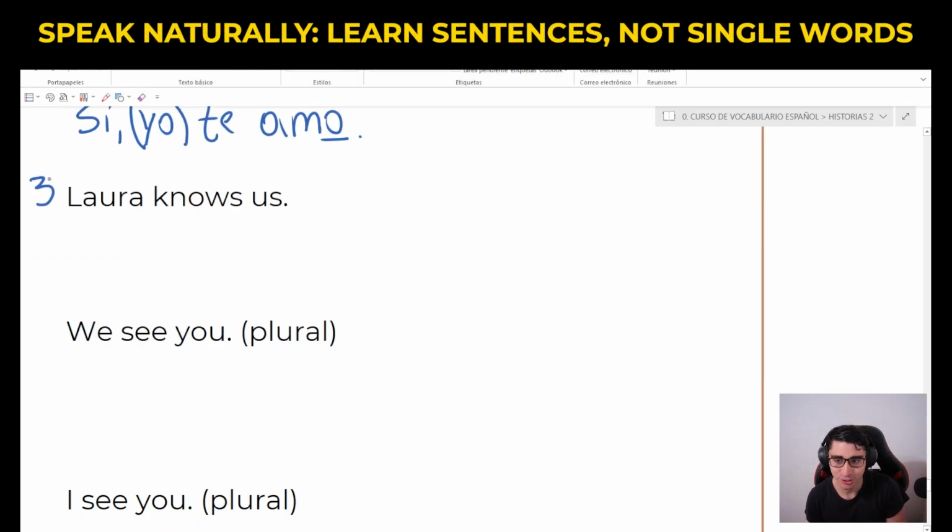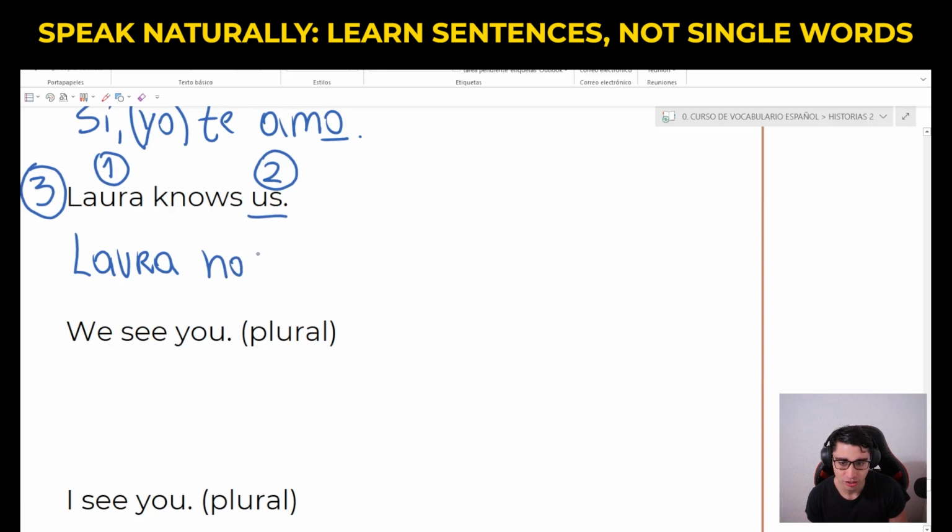Vamos con la oración número 3. We already studied this verb. It's going to be Laura, right? Laura, número 1. For some reason, many of my students forget this one. Maybe you are one of them. Laura nos conoce.